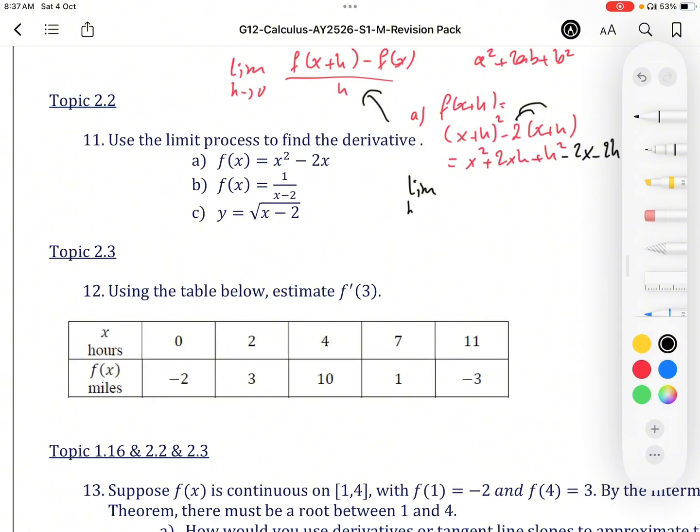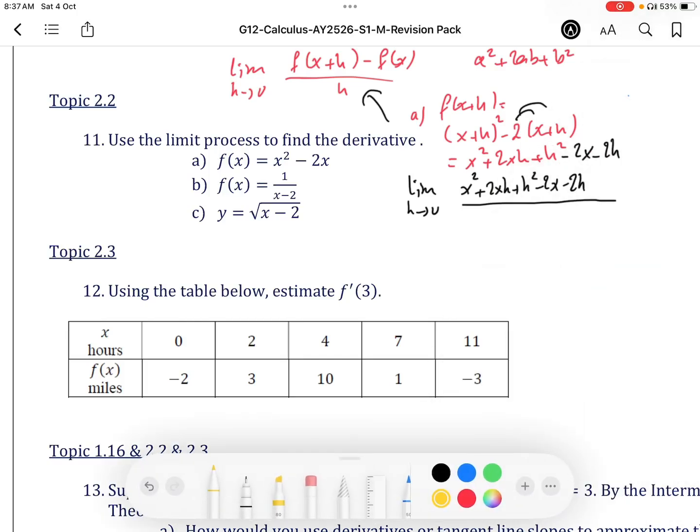I'm going to replace it in this formula. So limit when h approaches 0. So x squared plus 2xh plus h squared minus 2x minus 2h minus f of x, so minus open bracket, the function itself is x squared minus 2x divided by h. That's equal to h approaching 0.